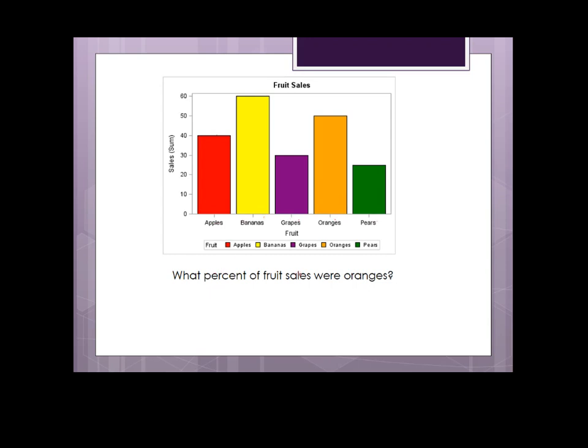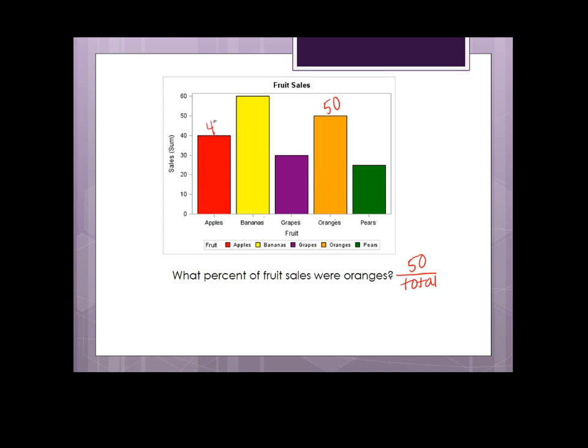What percent of fruit sales were oranges? Okay, so if you look at oranges, there were 50 oranges being sold. But the question was what percent of fruit sales were oranges. So I need to know 50 out of the total. And that'll give me the percent. So I'm going to need to figure all these out and add them together to get the total.